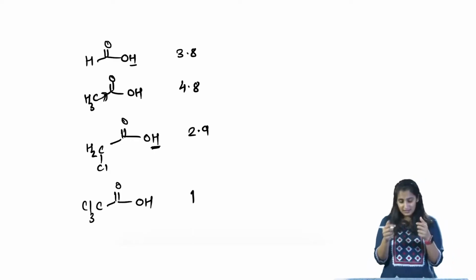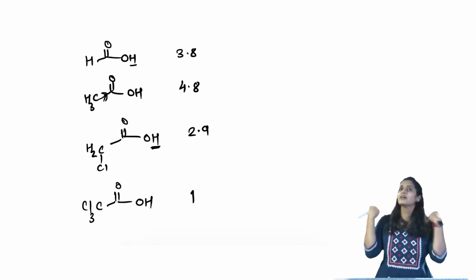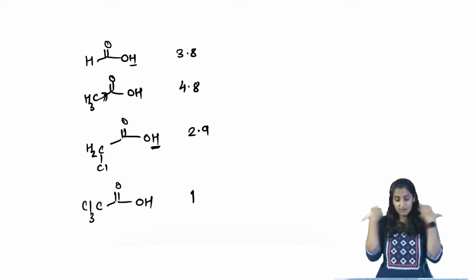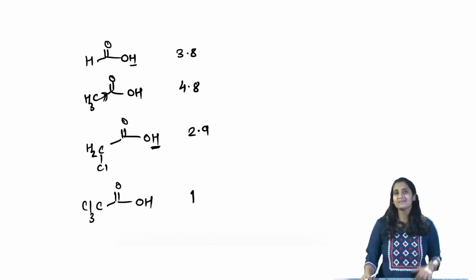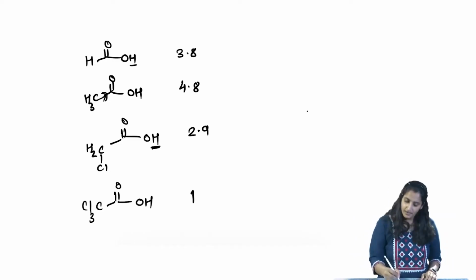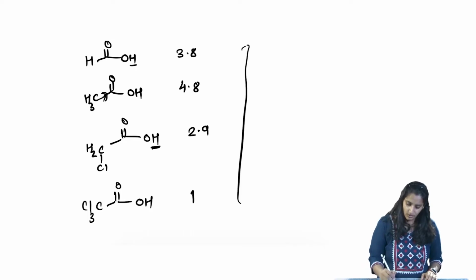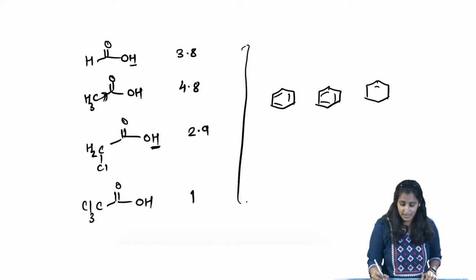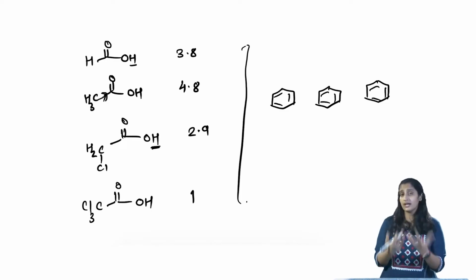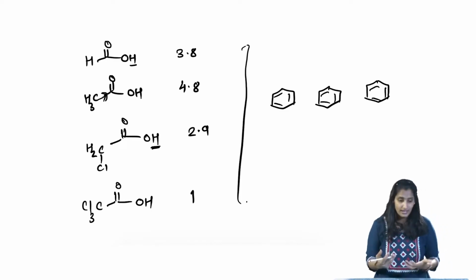So, the moment you add chlorines, which inductively withdraw electrons from that conjugate base, the acid becomes more and more acidic. A very similar trend is also found for benzoic acids. Depending on the other functional groups on that benzene ring, whether they are electron donating or inductively electron withdrawing, you will see a trend.